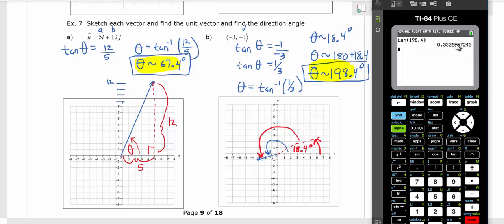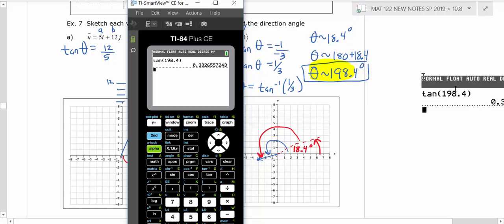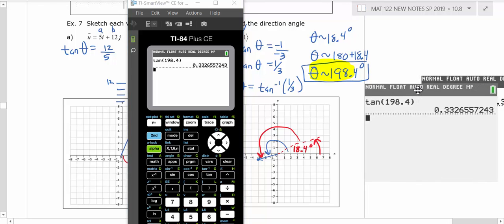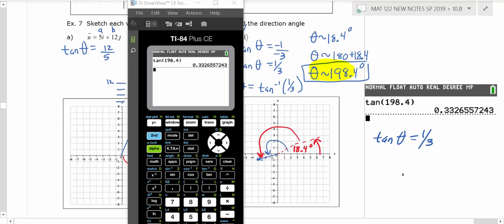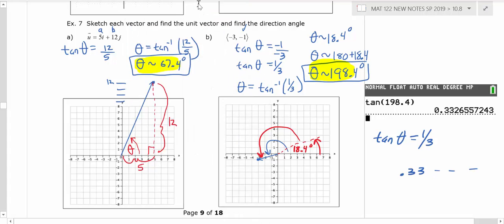I get about a third. So it's not hard at all to check that you've got that direction angle correctly, because remember in this problem, the tangent of theta was equal to 1/3, and 0.33 repeating is what 1/3 is anyway. So that's how you do a directional angle.